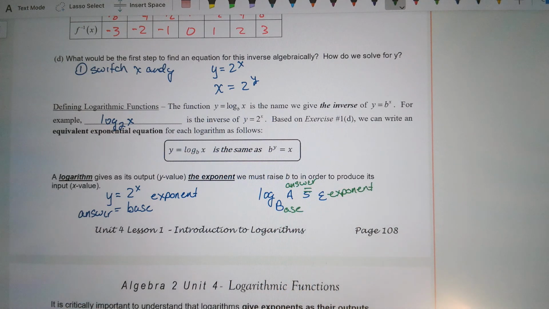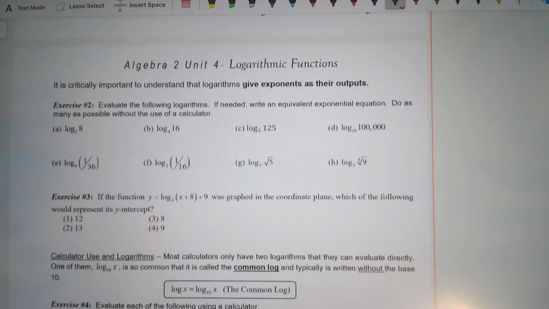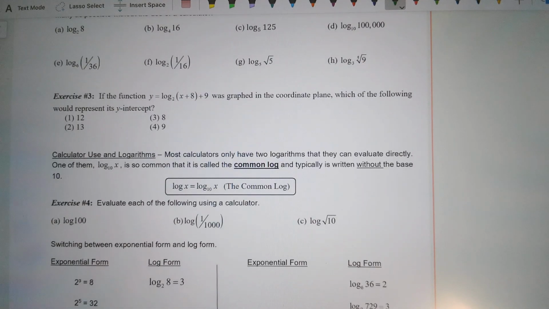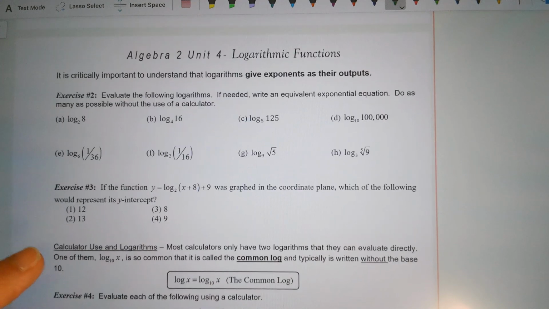And we'll work with this on the next page. So when we go from exponential form to log form, the exponent is going to equal log base B of whatever the answer was. All right, and we'll get to that on the second section of this page.